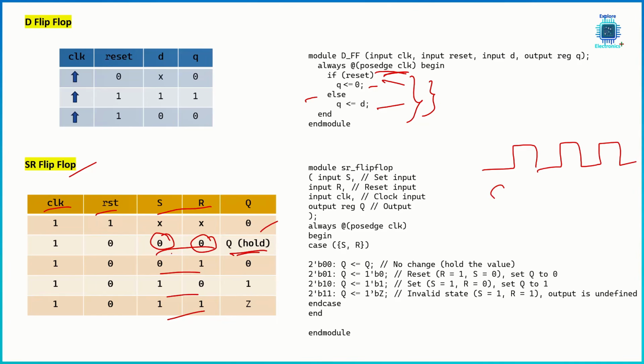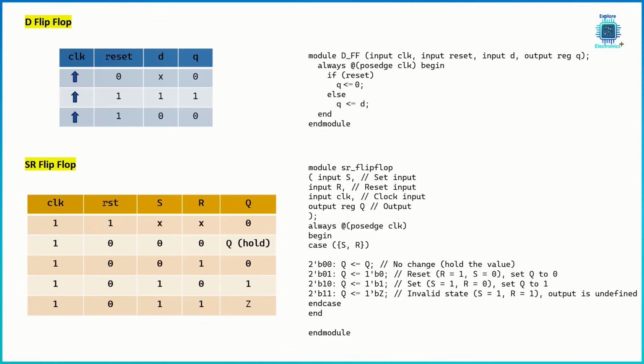If S is equal to 0 and R is equal to 0, and the previous value of Q is equal to 1, then in the next positive edge of the clock it will also hold this 1 as it is. That is the hold state. Then when S is equal to 0 and R is equal to 1, it will be 0. 1, 0 gives us the output 1. 1, 1 is the high impedance state, that is Z.